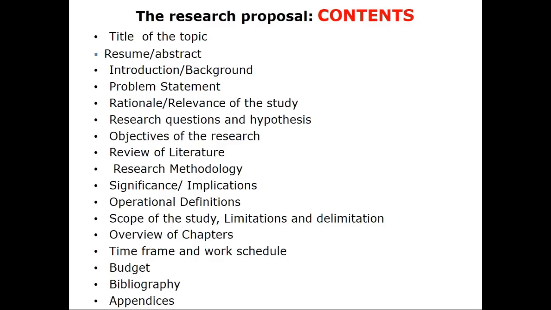These are all the contents of a research proposal. A research proposal should contain all these things, including review of literature, research methodology, significance, operational definition, scope of the study, overview of chapters, time frame, budget, bibliography, appendices.